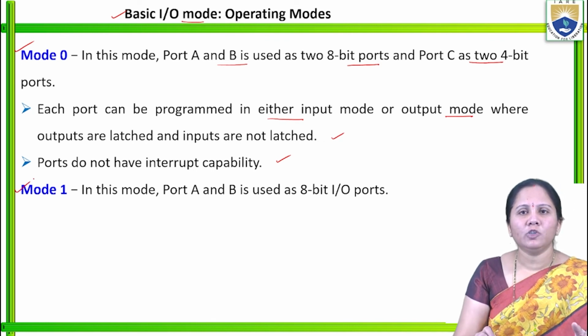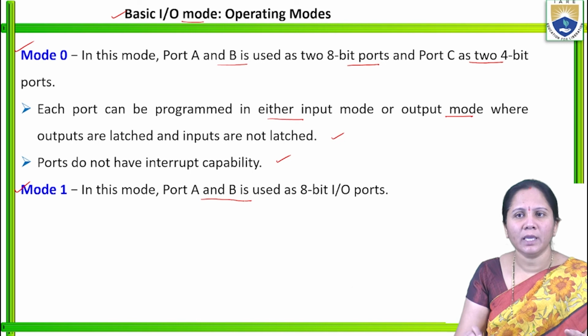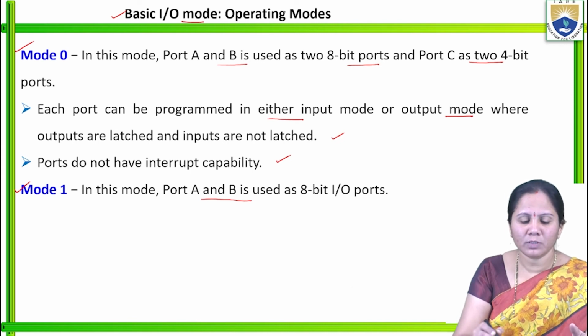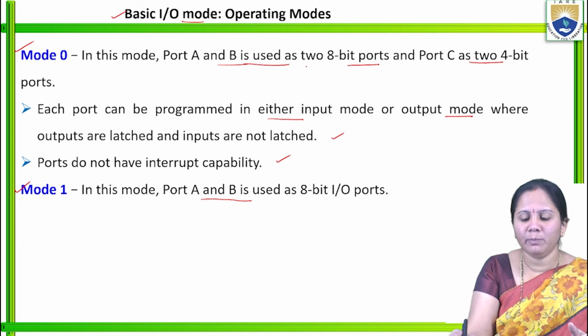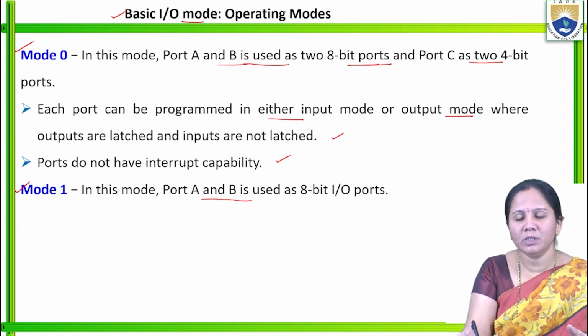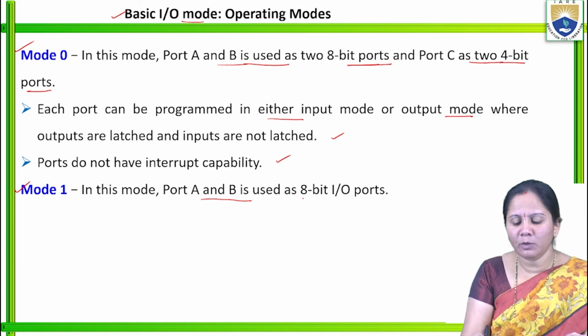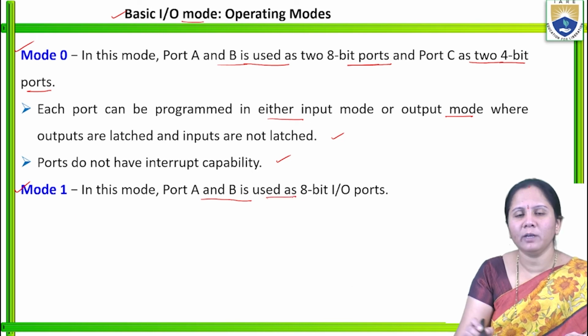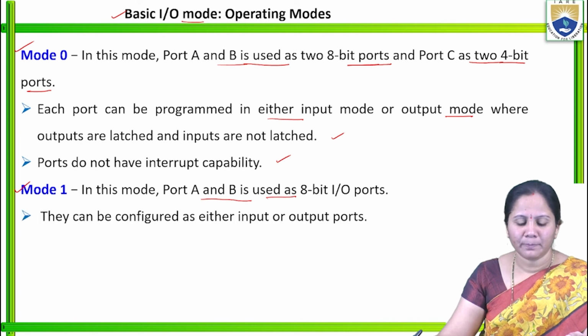Now, when it is operating in mode 1, in this mode, port A and B are used as 8-bit IO ports. See here, in mode 0, port A and B are used as 8-bit ports, and port C also is used as two 4-bit ports. Whereas when it is operating in mode 1, only port A and port B will be used as 8-bit IO ports.